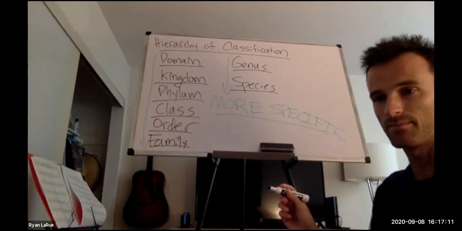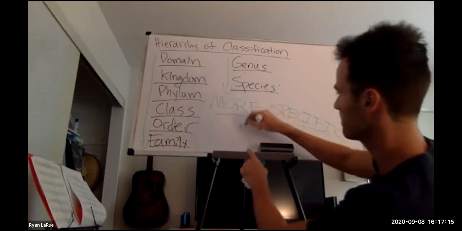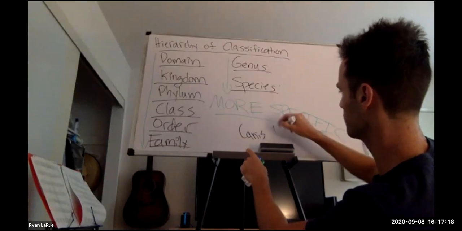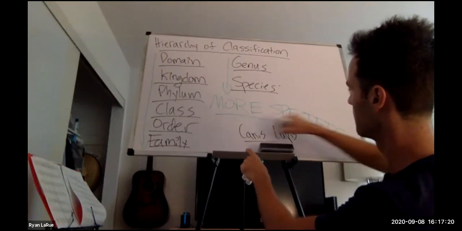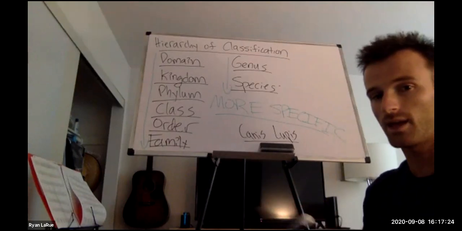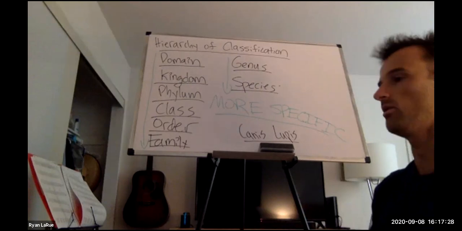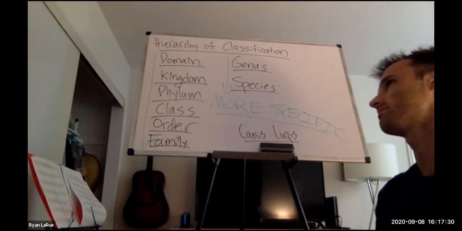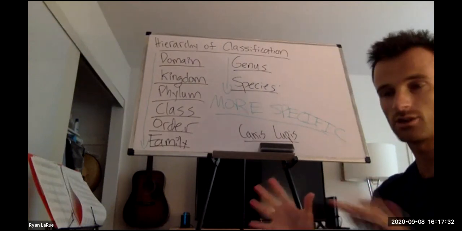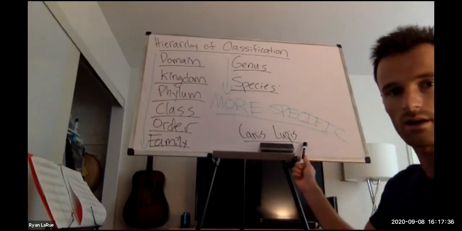Scientific name consists of the genus and the species. So Canis lupus is the genus and then the species. So whether you're talking to a scientist in Spain, speaking Spanish, or in Hungary, or Russia, Germany, speaking different languages, Canis lupus, they'll know what you're talking about.